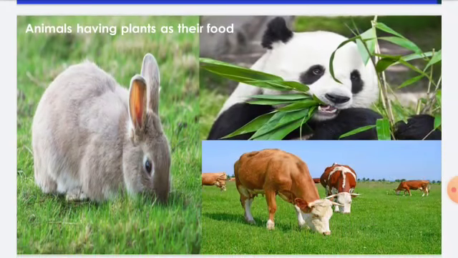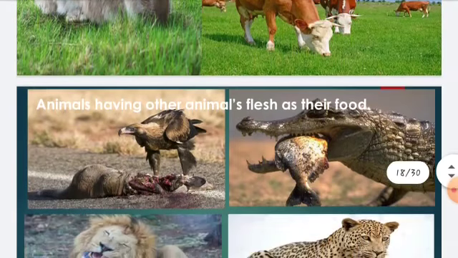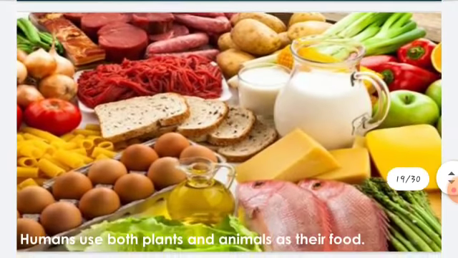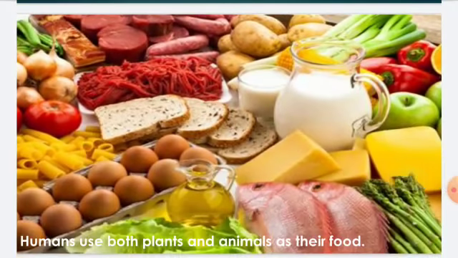Here again you can see a picture of some animals feeding on some kind of food. Here you are able to see the animals which are feeding on other animals or their flesh, which they are acquiring as their food. So, we all know that human beings use both animals and plants as their food.